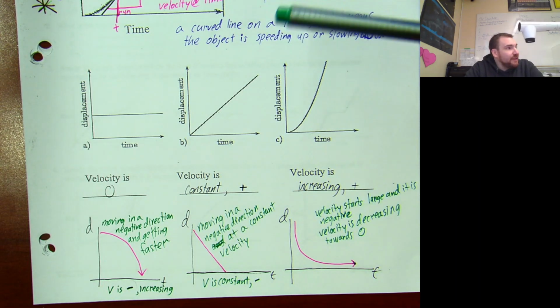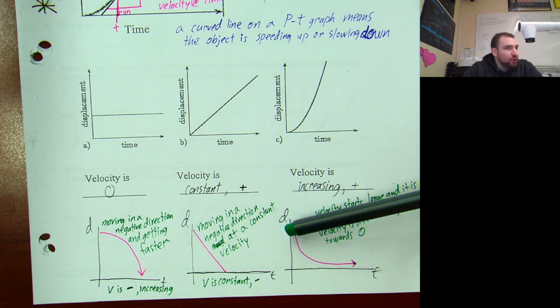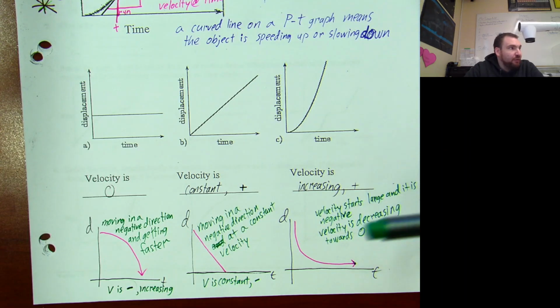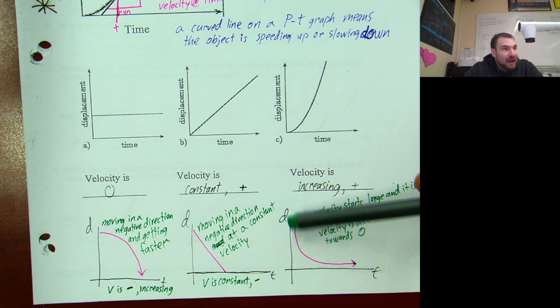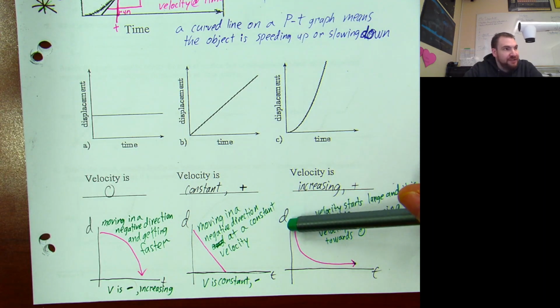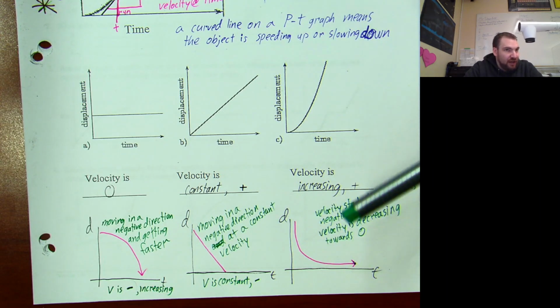If you're stuck on any of these things, how I talked it through is how I would recommend you try thinking it through. Don't look at this and try to figure out what the object itself is doing. Think it through as a graph, and then at the very end, tie it all back together. So the graph here starts steep and gets shallower. What does that mean? It means the slope starts large, starts negative, and is decreasing. The slope on a position time graph represents the velocity of the object.